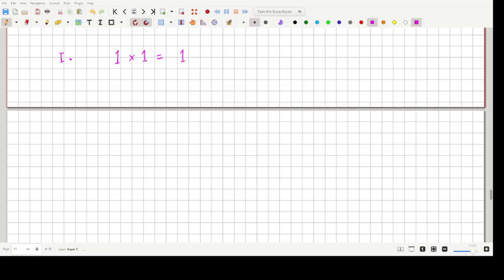So 1 star 1 to be specific, that is 1, which belongs to G. 1 star -1 is equal to -1, that belongs to G. Then 1 star i is equal to i, that belongs to G, and 1 star -i is -i, that also belongs to G. So with 1, everything is closed.